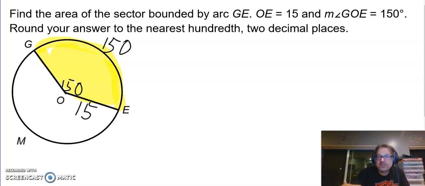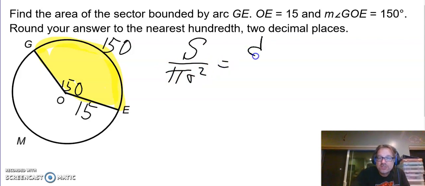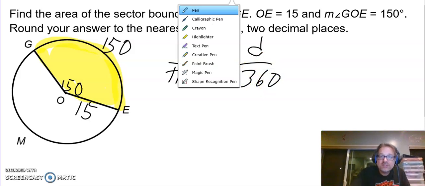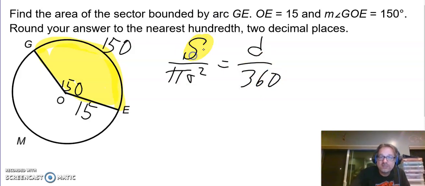So to find sector area, we are going to use the formula sector area over pi r squared, the area of the circle, equals degrees over 360. We already said what sector area is, that's yellow.